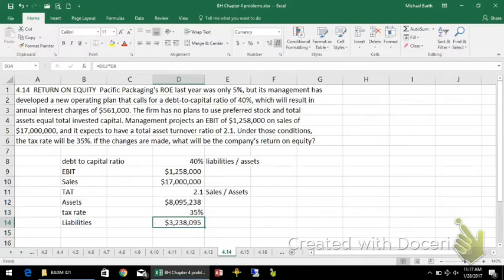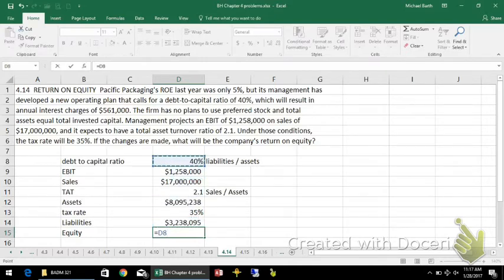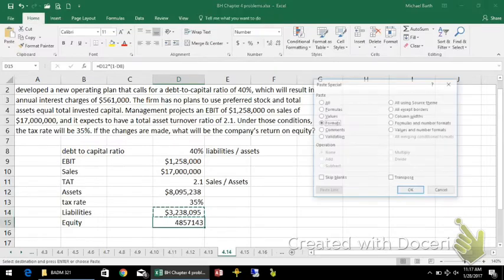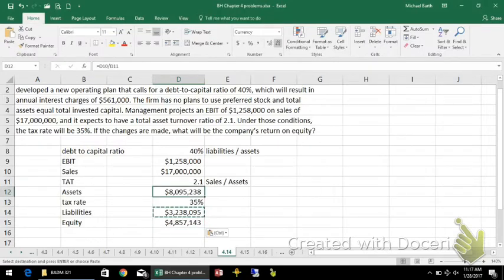If that's the liabilities part, then the equity part would be the other 60%. So now I got total assets of $8,095,238, and I've got it split up into the debt and the equity.